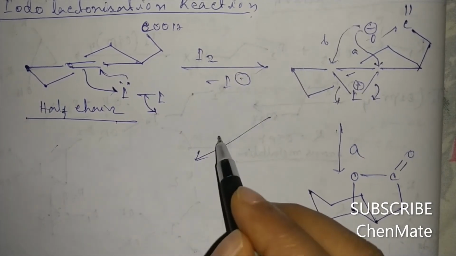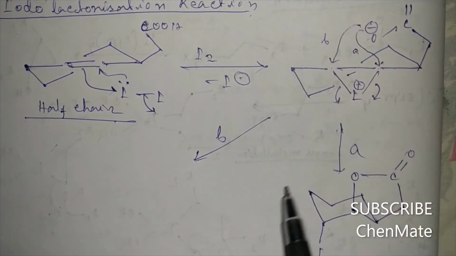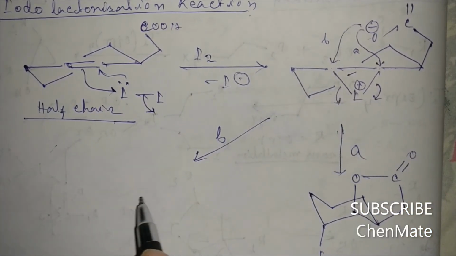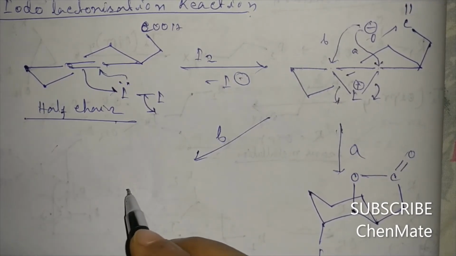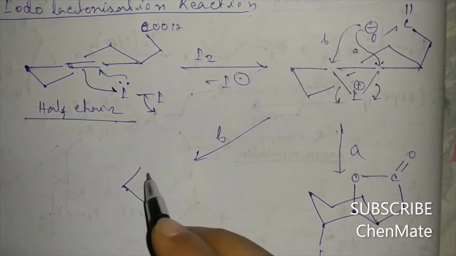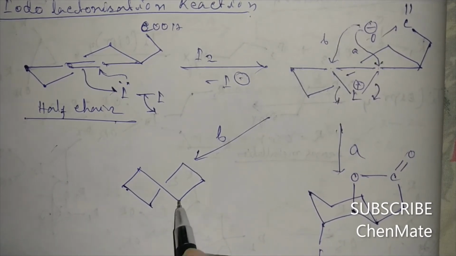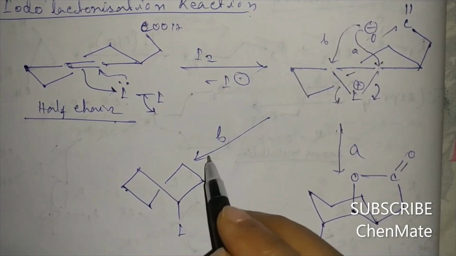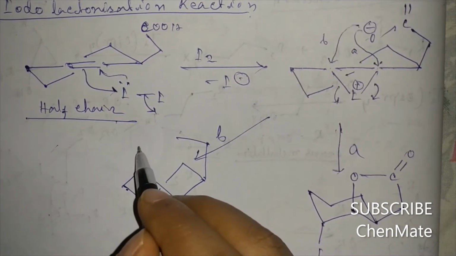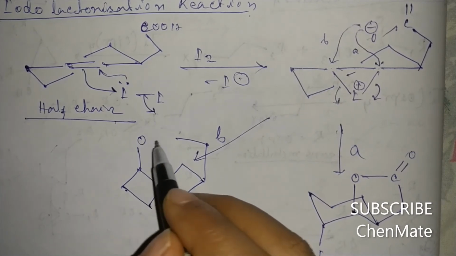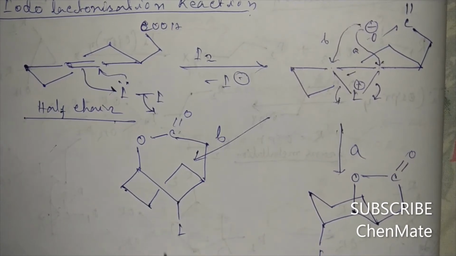And if the B attack occurs, then this carbon will go above and this carbon will go below. So what will happen? Here the iodine, here will be the oxygen, C double bond O, this.